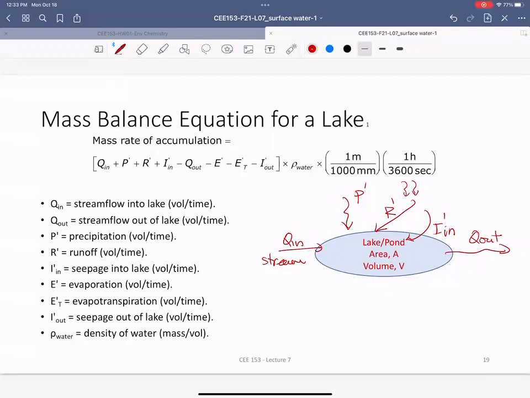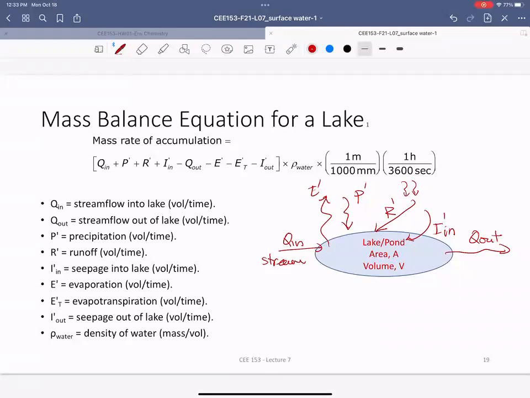What's leaving the system? You know there is stream water going out. And then you can also think that evaporation can remove some of the water. So that's evaporation, E. And if you have plants on it, they can also take some of the water from the lake and transfer it into the atmosphere, because that's how the plant survives.